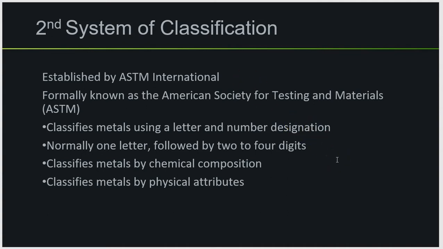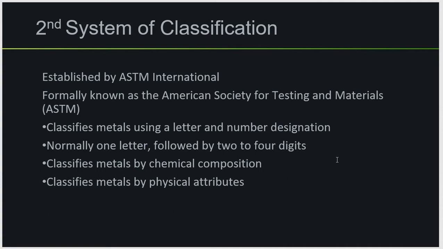So the difference between this system and the other system before is where the first system that's comprised of 4 digits, that one focused on carbon content and the major alloying element. This classification system focuses on things like the chemical composition of steel.